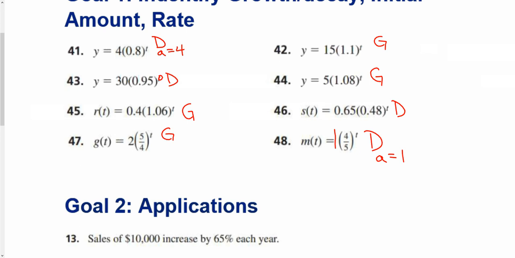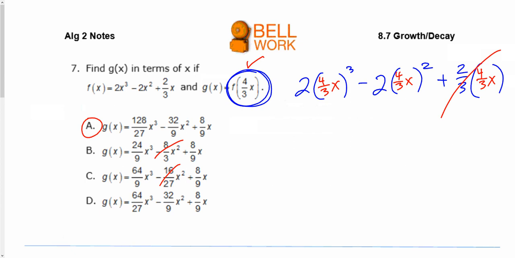Let's see, what else did they ask? Oh, the rate. What's the rate? Don't we usually find the rate inside of the parentheses? Okay, so let me ask you this. In number 41, is the rate 0.8? Okay, we got to be careful. Let's look at the wording over here in this formula, down at the bottom.